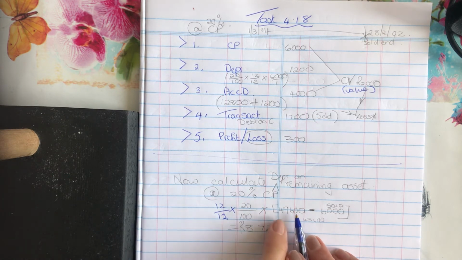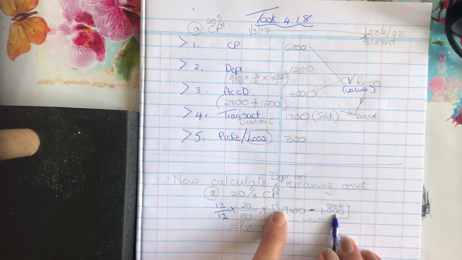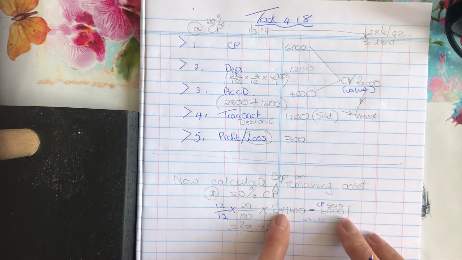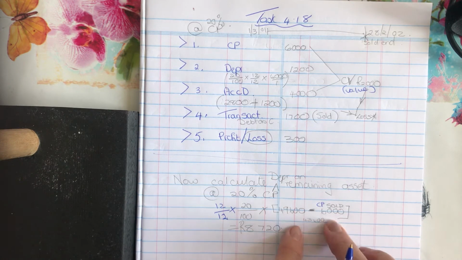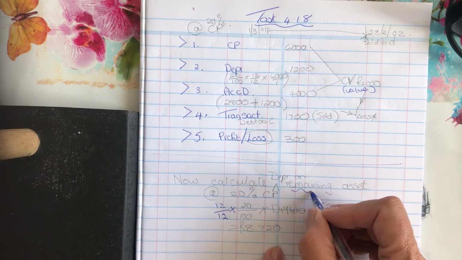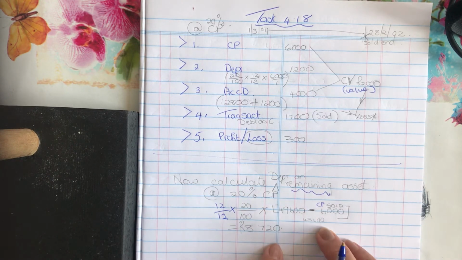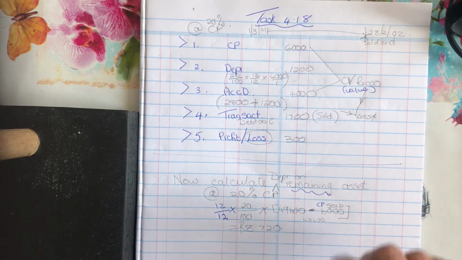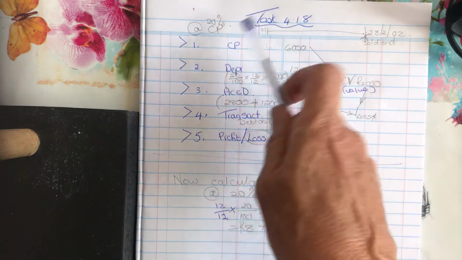And how much are the costs? 4,900? No, remember we sold one, which is minus the cost price of the one that we sold. It's 6,000. So the remaining asset is 4,600. So on 4,600 times 20%, you get that. Okay, these are the calculations and the steps that you had to do.